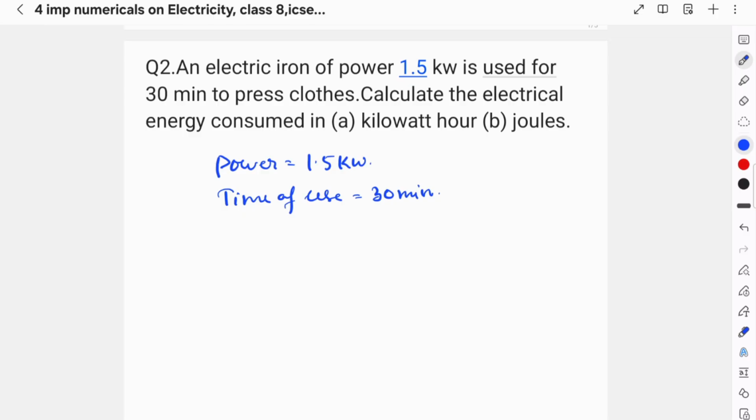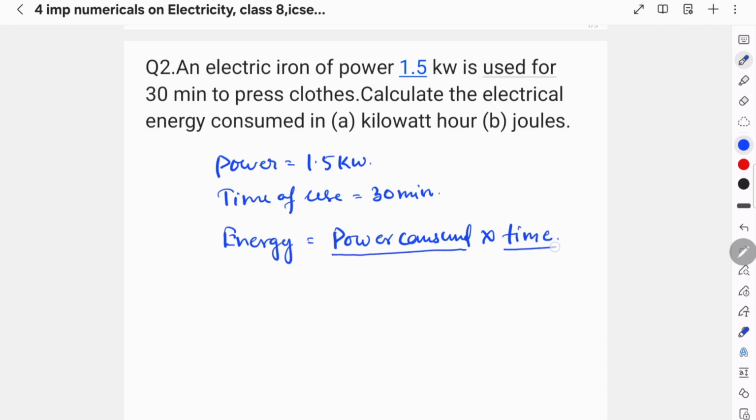We have to calculate the energy consumed. Power is 1.5 kilowatt. Then what is energy? Energy is given by the power consumed into time. The amount of power you are consuming for a particular time is known as the energy.